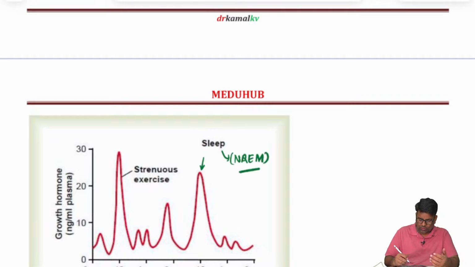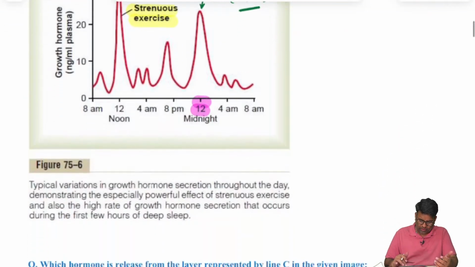So this is growth hormone, and you can see a peak somewhere around 12 midnight or 1 a.m. So that is typical of growth hormone, and it can also increase during stress or exercise, right? So that is growth hormone levels. It varies with sleep or activity, right?